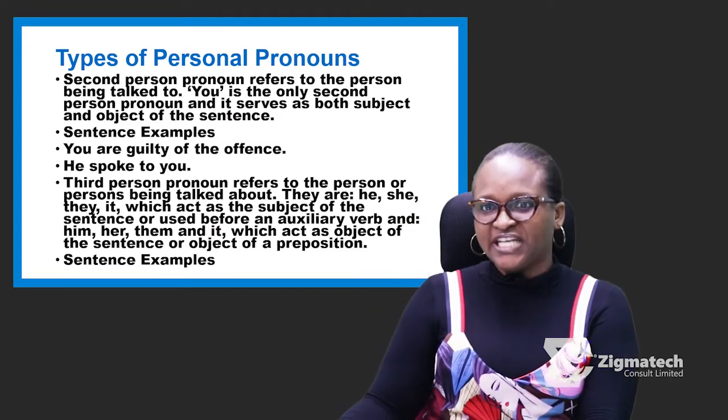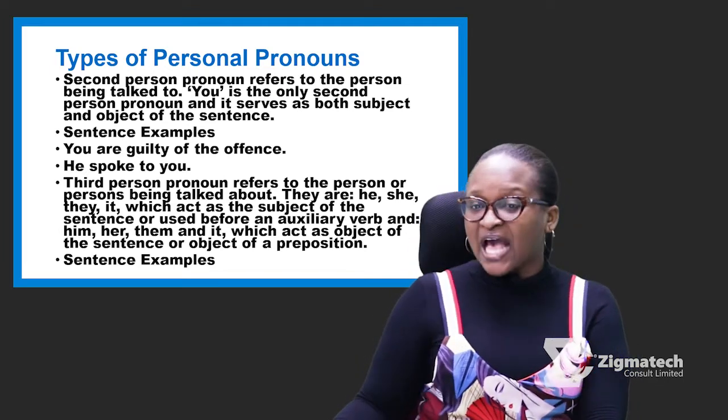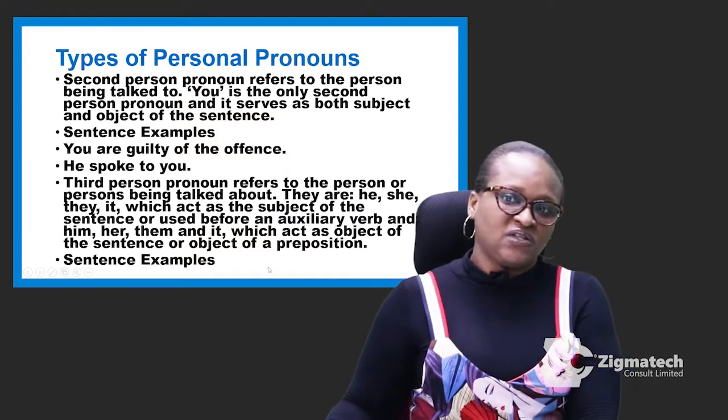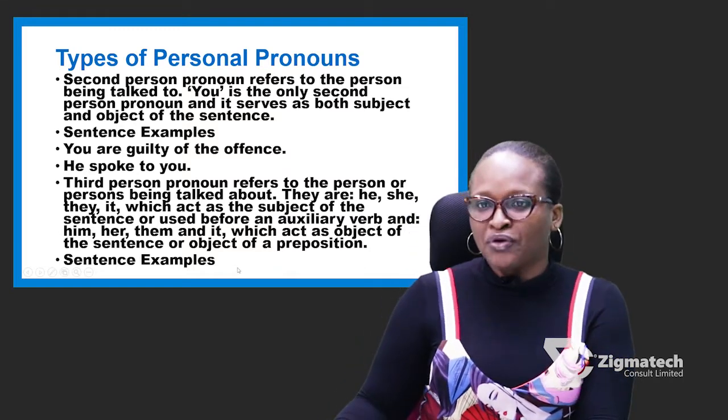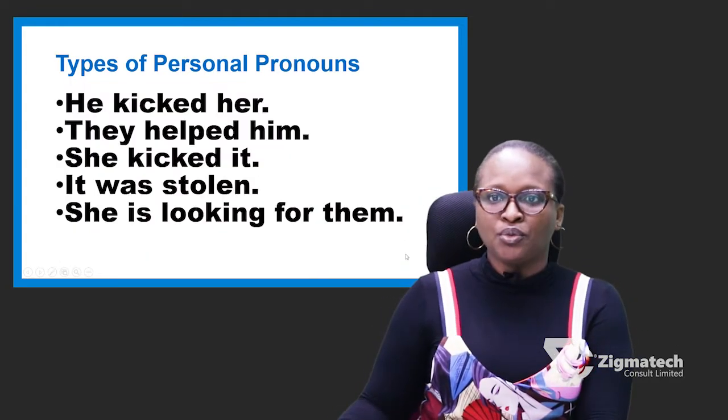So he, she, they, and it serve as the subject of the sentence, and whenever you have an auxiliary verb and there is a demand of a personal pronoun, make sure that you make use of your subject personal pronoun.